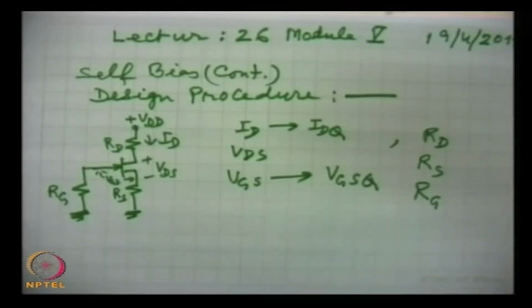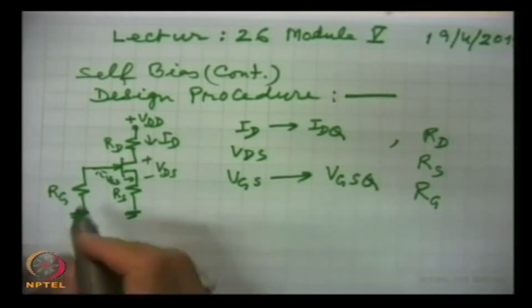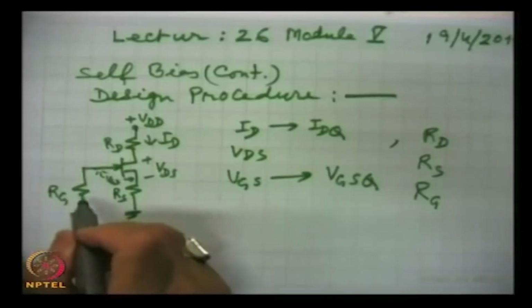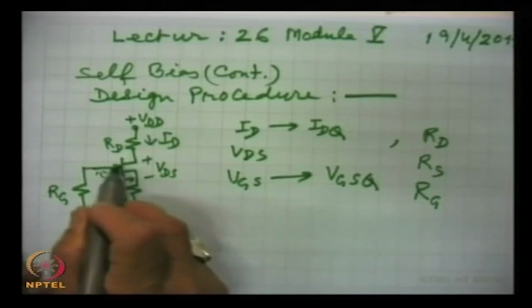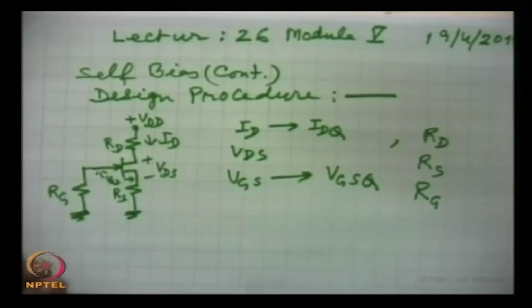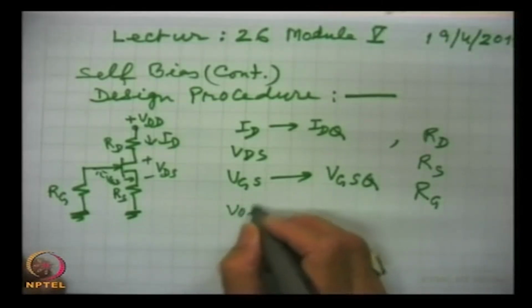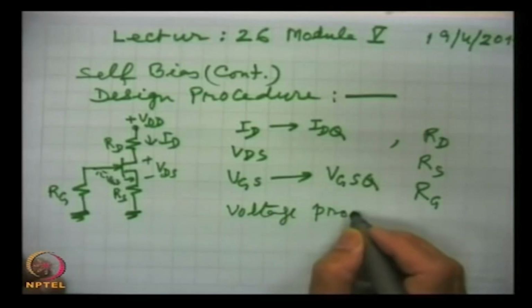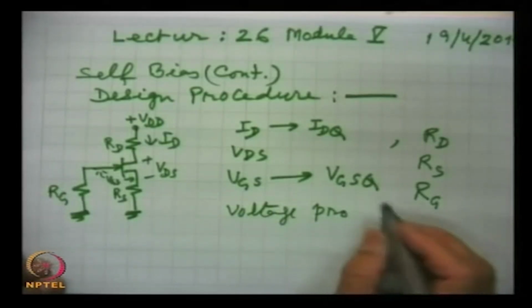No current flows through R g. So, actually this gate terminal acts as a voltage probe. A voltage probe has to have a very high resistance.